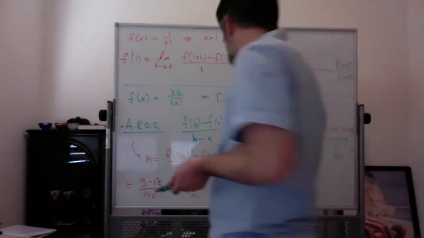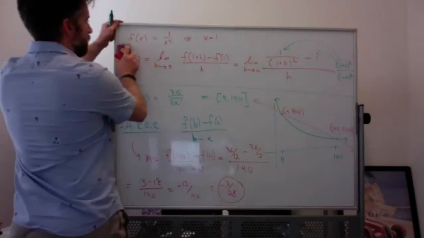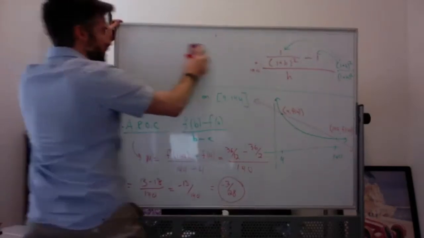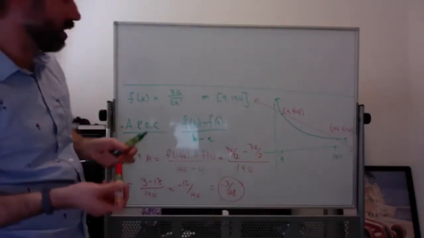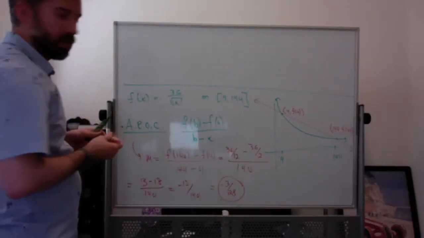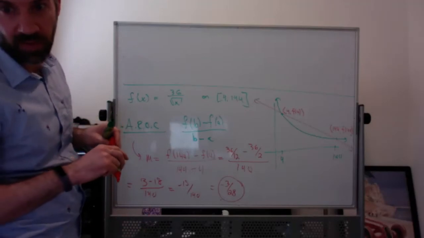And then to answer the second part of that question, question 6, for this function on this interval: we found the average rate of change of our function on the interval from 5 to 10.